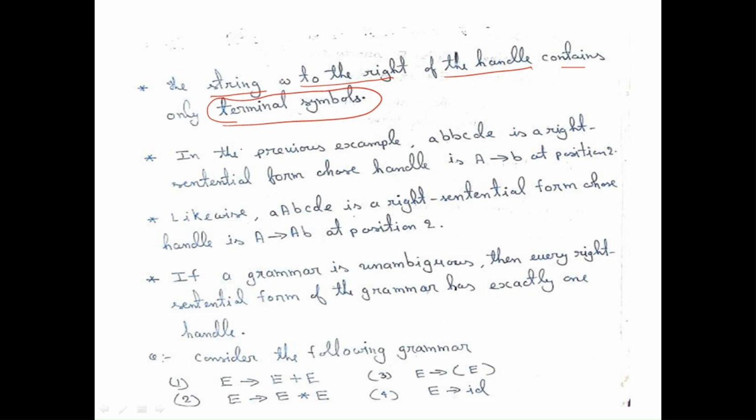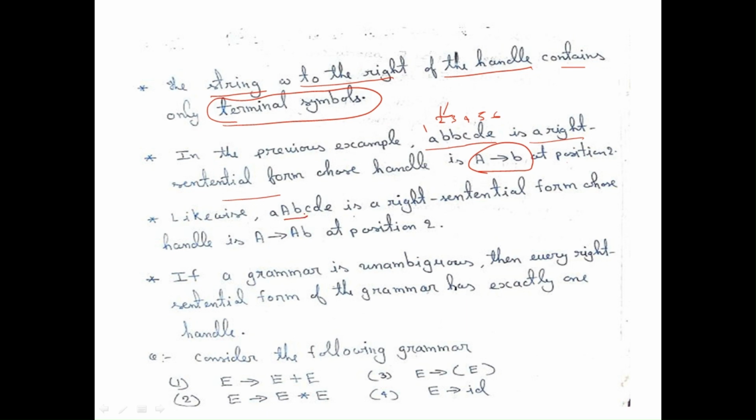Now the example that we have discussed earlier, consider that A B B C D E is a right sentential form. Now 1 2 3 4 5 and 6, A is rewritten as B at position 2. Fine, it is the handle for this string.